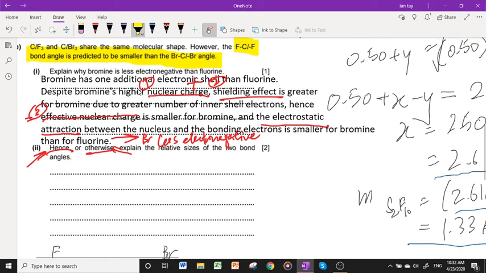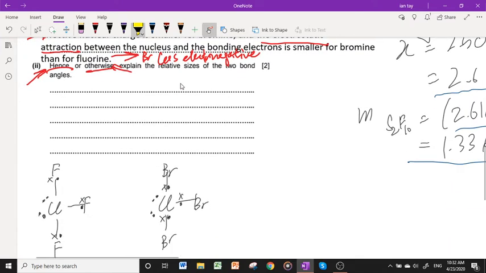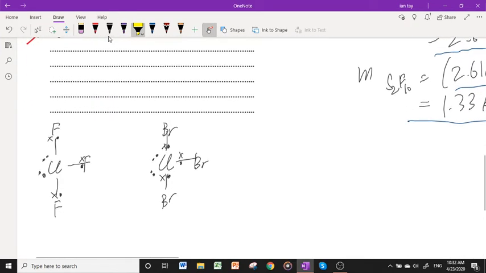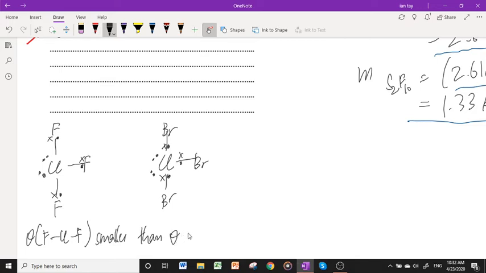So let us first take a look at how electronegativity can help to answer this trend. So we'll take a look at these two compounds. So you know the FCl-F bond angle is smaller than the BrCl-Br.